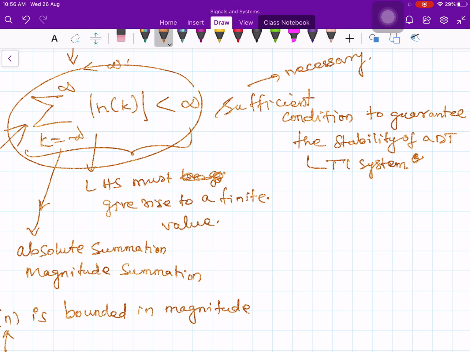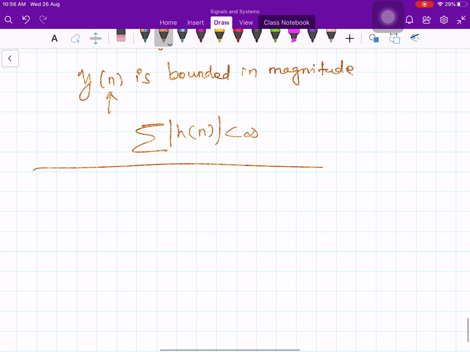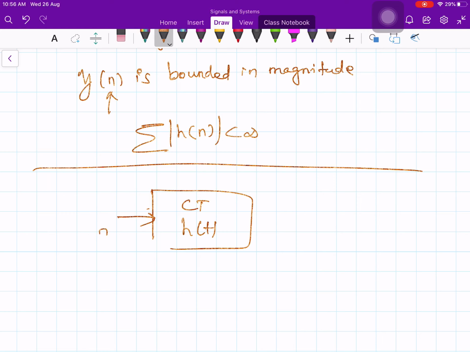The same analogy you can argue for a continuous time system also. Like you have a CT system, the impulse response is h of t, the input is x of t, the output is y of t. y of t is x of t convolved with h of t.